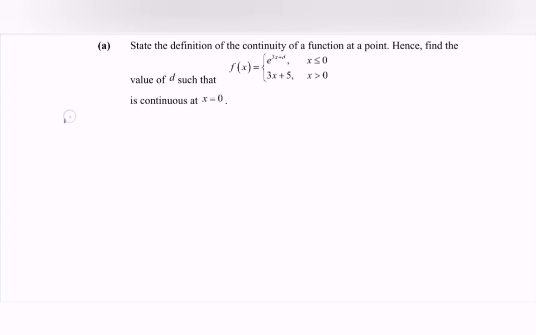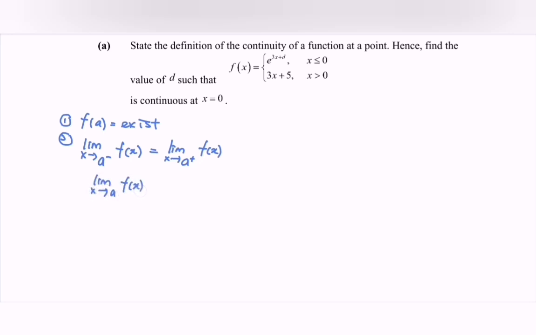So number 1, f(a), the value exists. Number 2, the limit when x approaches a from the left for the function f(x) is equal to the limit when x approaches a from the right for the function f(x), and we can say that the limit when x approaches a for the function f(x) exists.